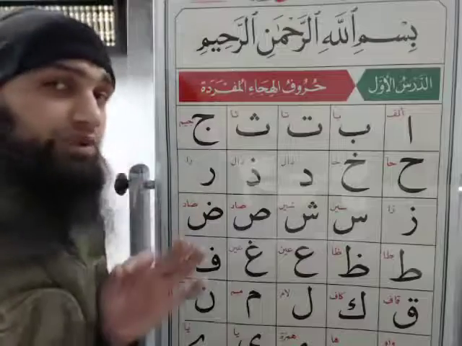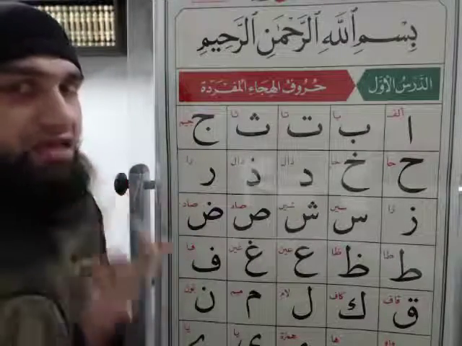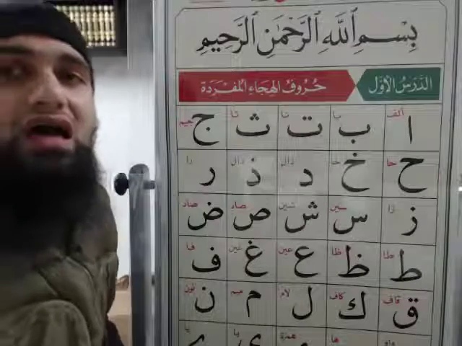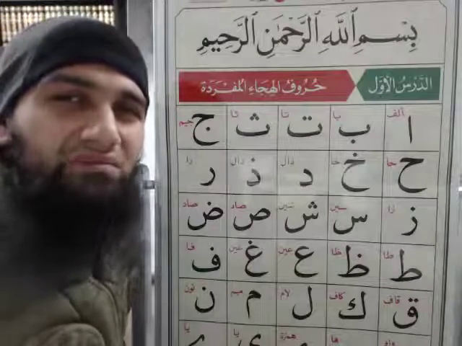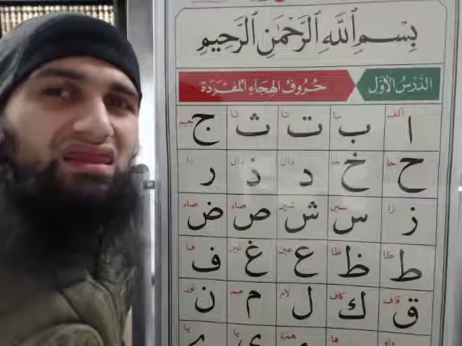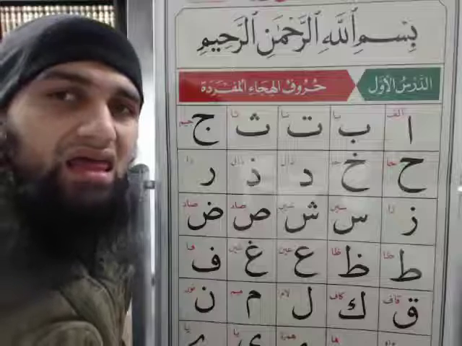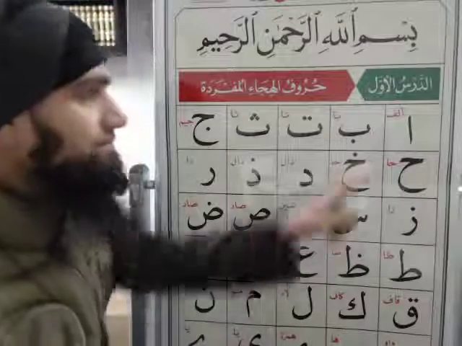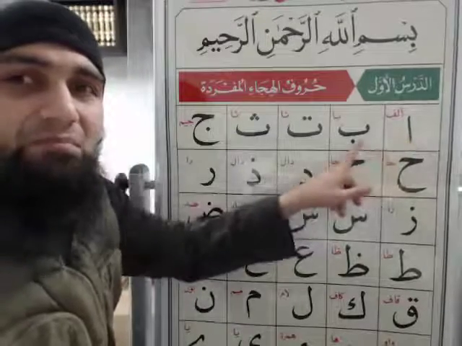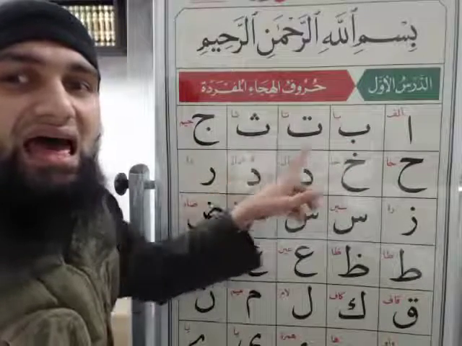Fa. Very important to bring the tongue. If you're not bringing out the tongue, if it's not coming from this part of the tongue, then it is wrong. Fa. Fa. Alif, ba, ta, fa.